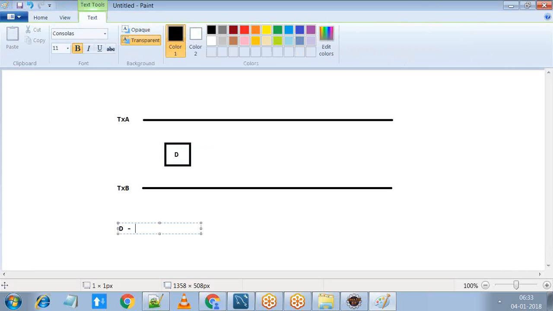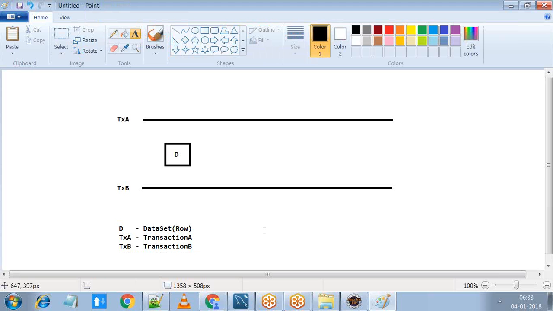And here TX means transaction A, and we have transaction B. Now let's say transaction A first operates on this data set.